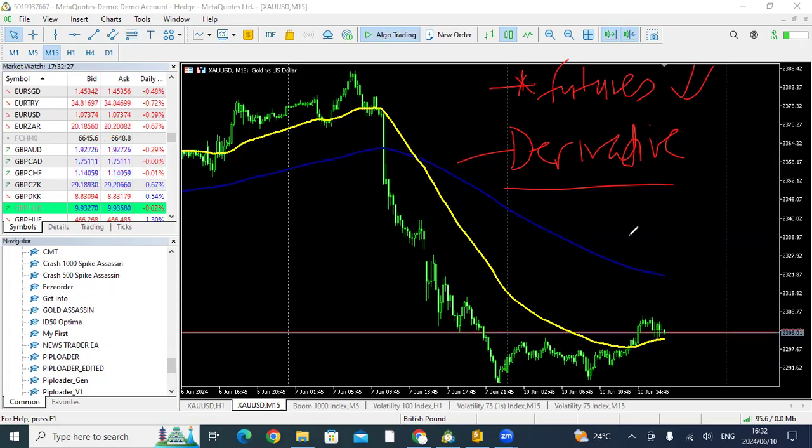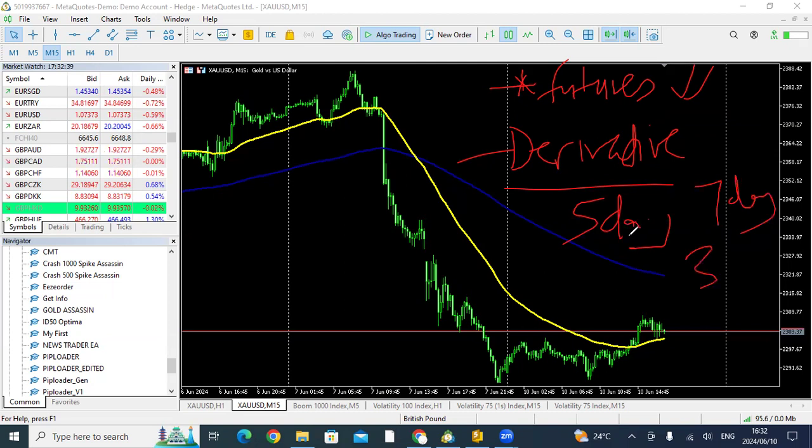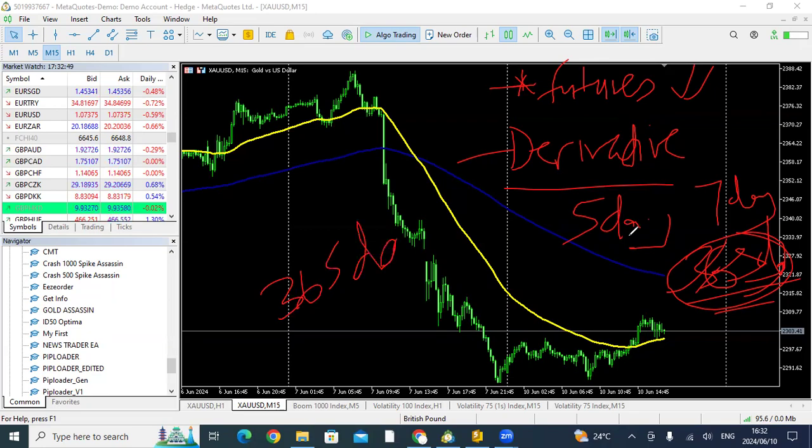Because of the futures market, the market of gold is always dynamic. It's always moving. So it's not even a 5-day market, it's actually a 7-day, 365-day market. And therefore, instead of using the 200 moving average, the 365-day moving average is going to be your go-to for gold.